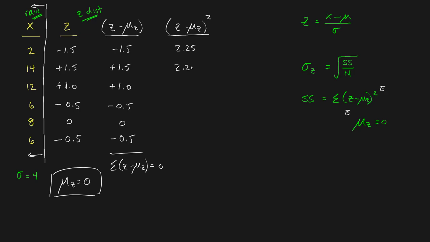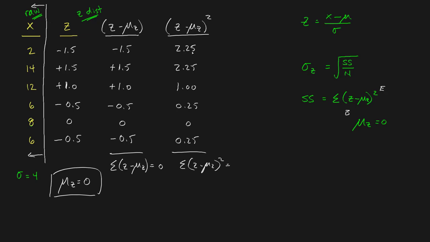Same thing here. 1 squared is 1. 0.5 squared is 0.25. 0 squared is 0. 0.5 squared is 0.25. I'm doing this, remember, because I want the sum of my squared deviations from the mean.